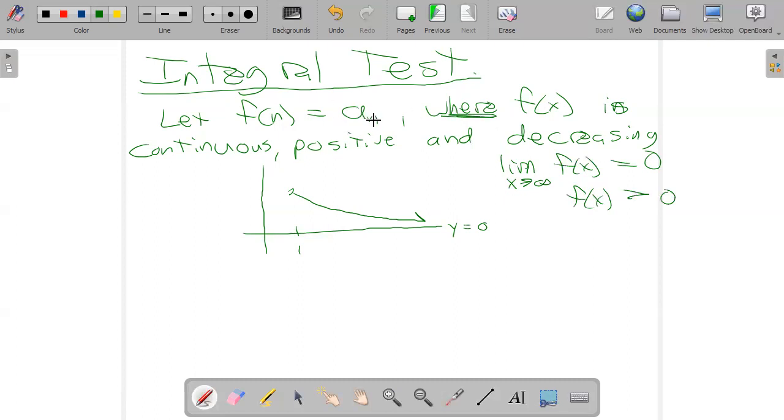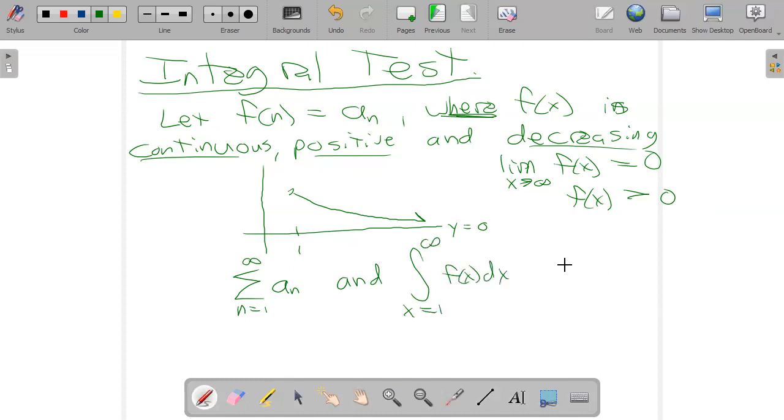So if I have some sequence and the function version of that matches these three conditions, continuous, positive, and decreasing, then what I can say is the sum of those a sub n's as n goes from 1 to infinity, and the integral as x goes from 1 to infinity of f of x dx, either both converge or both diverge.